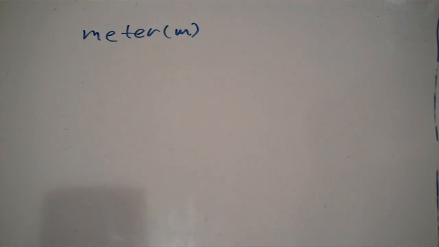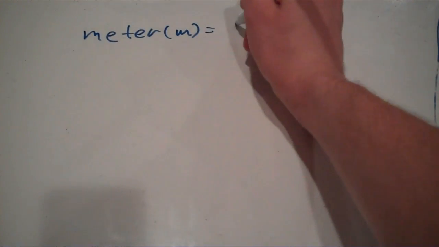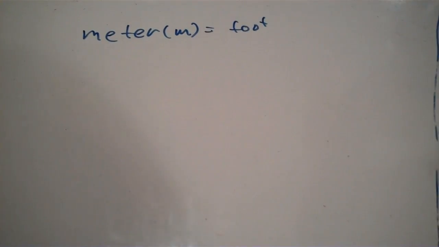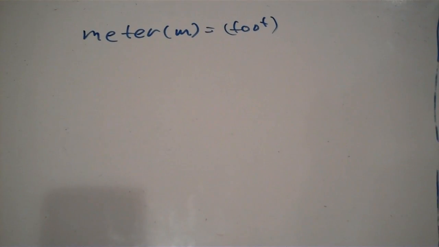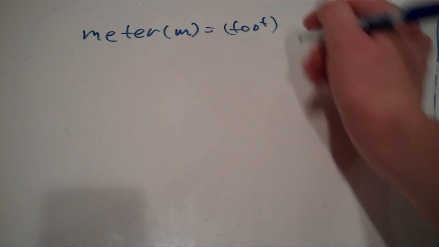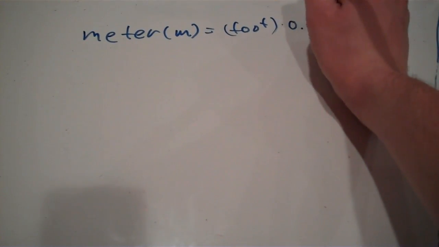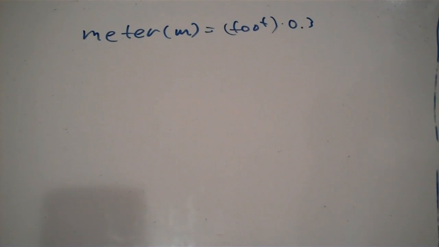Now, meters is the metric system replacement for feet and yards. Now, to convert feet to meters, what you do is you take your measurement in feet and multiply it by about 0.3. And that will give you the approximate length in meters.